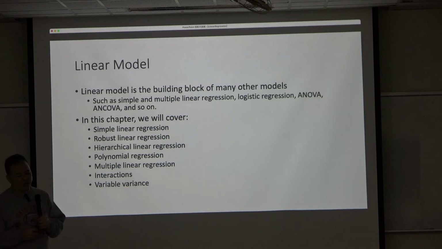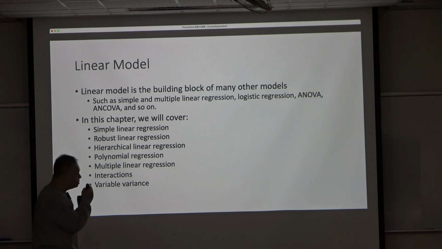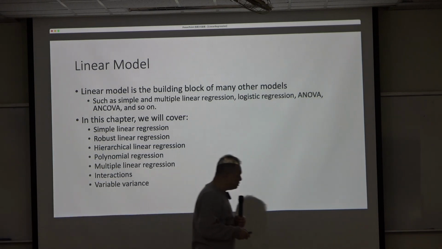I'm not sure if we will be able to cover ANOVA and ANCOVA in this class. But in this chapter we are going to talk about simple linear regression, robust linear regression, hierarchical linear regression, polynomial regression, multiple linear regression, interaction, and variable variance. All of this in this chapter, so we are going to talk about a lot of material.